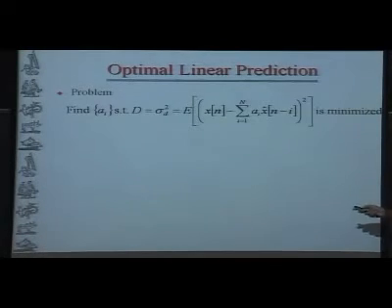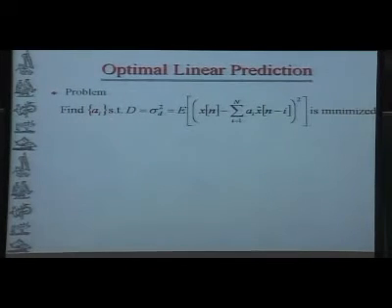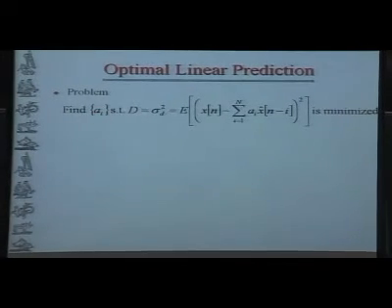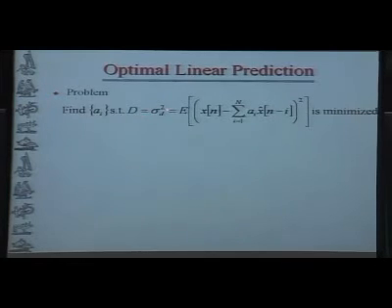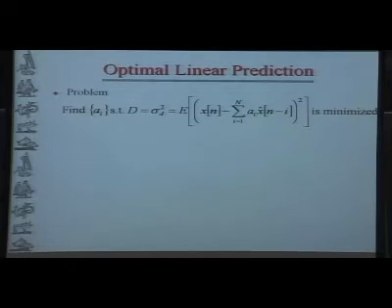So I'm going to pose this problem: find the set of ai such that the distortion, or the variance of the noise, between xn, the current sample, and the prediction is minimum. Now, if this is minimum, dn will turn out to be very small, the smallest that you can ever produce.